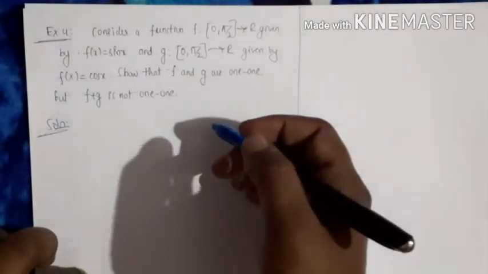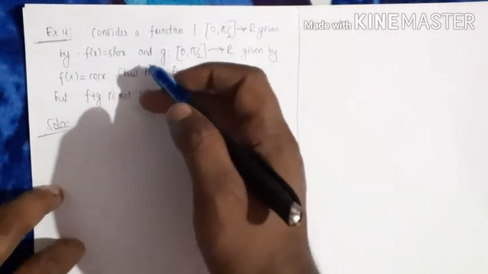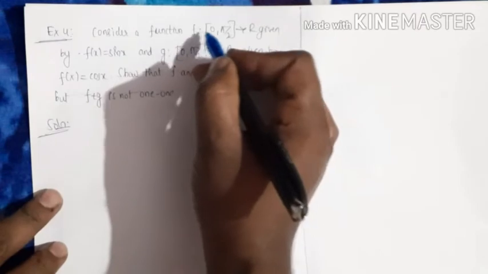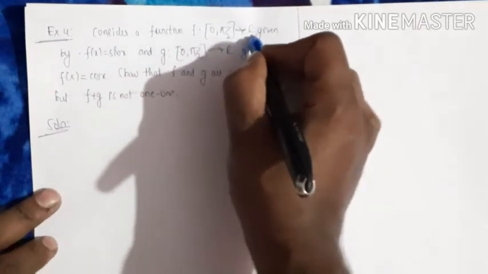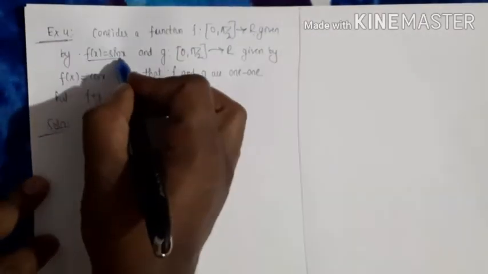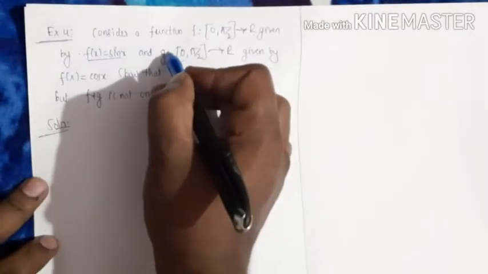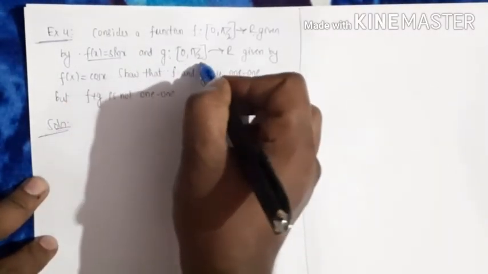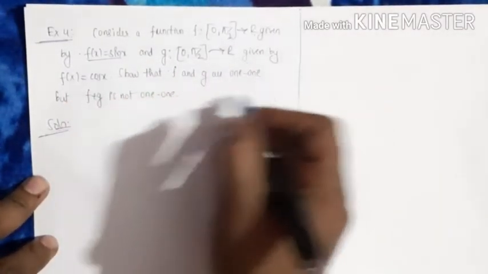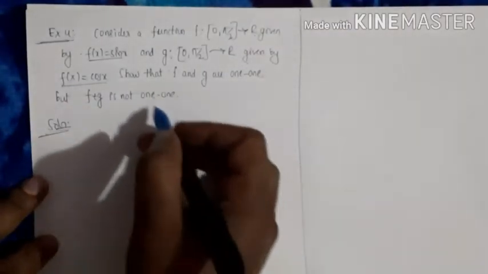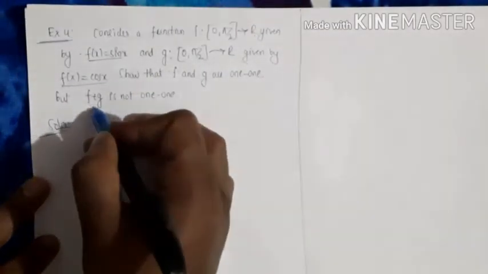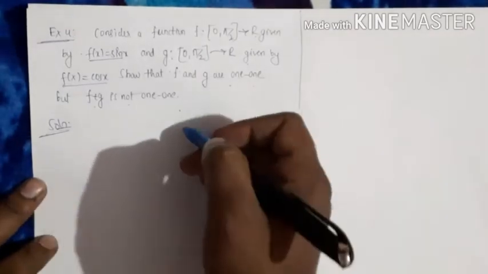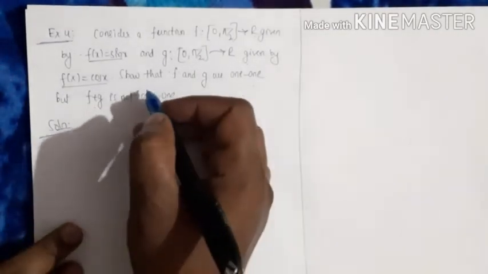So let me solve another example. Consider a function f from [0, pi/2] to R given by f(x) equals sin x, and another function g from [0, pi/2] to R given by g(x) equals cos x. Show that f and g are one-one, but f plus g is not one-one. So very simple example.